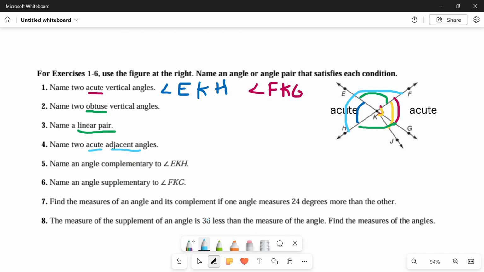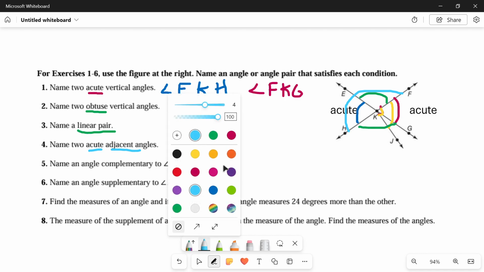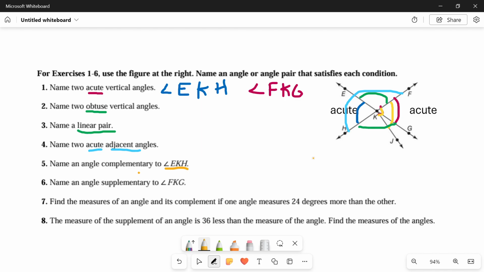An angle that's complementary, okay, if it's complementary to EKH, so EKH. Well, EKH measures the same as FKG, and I know, oops, that wasn't very good.